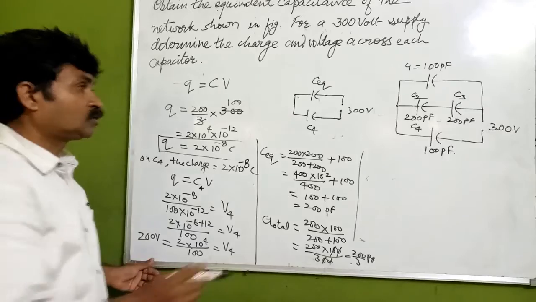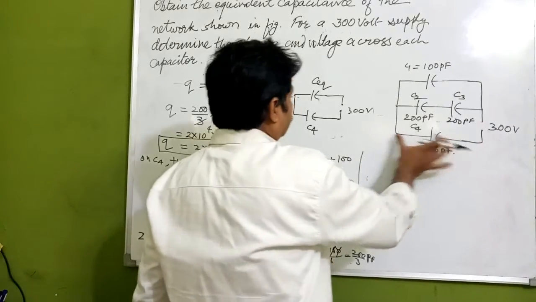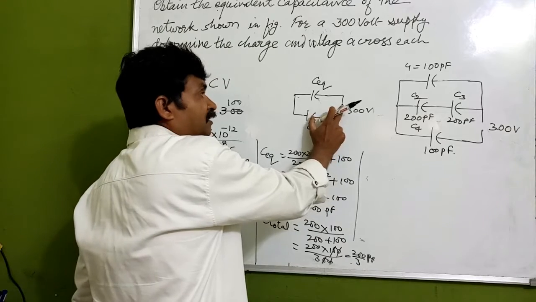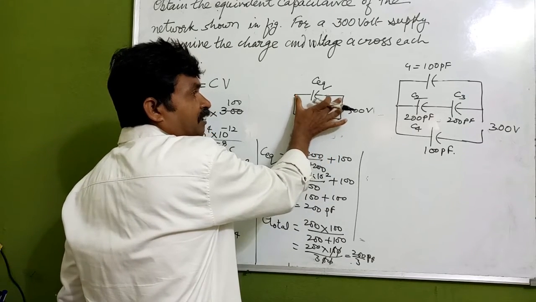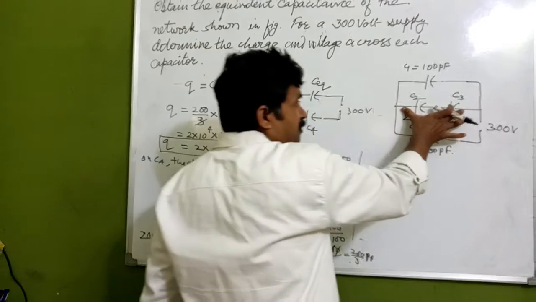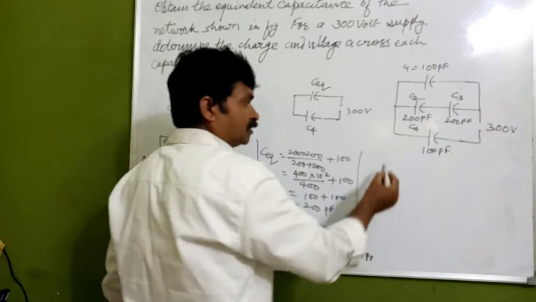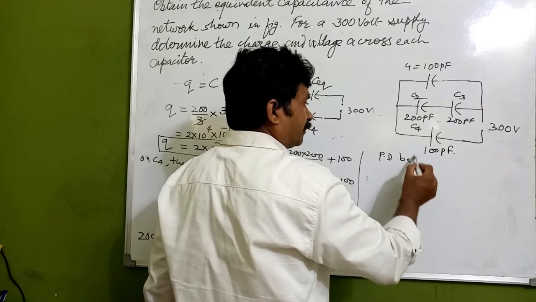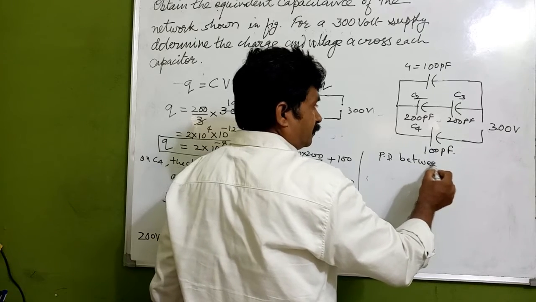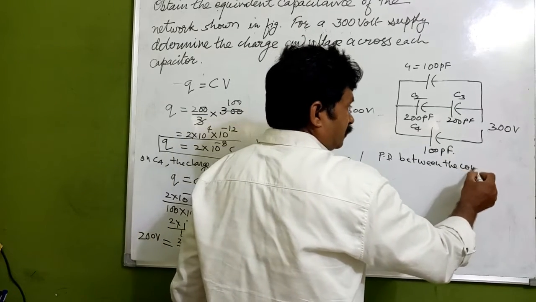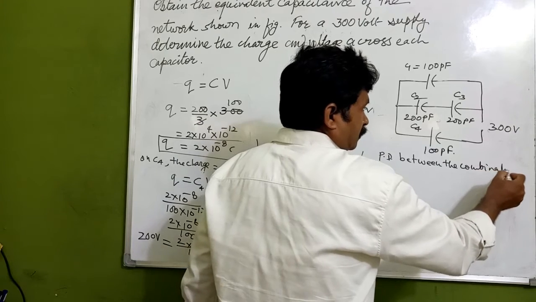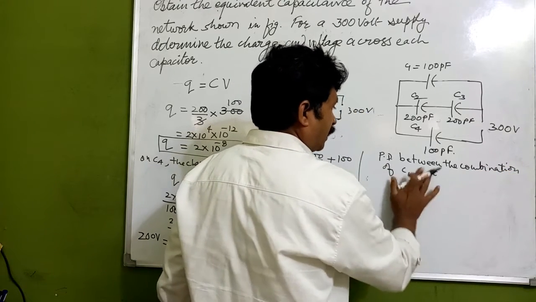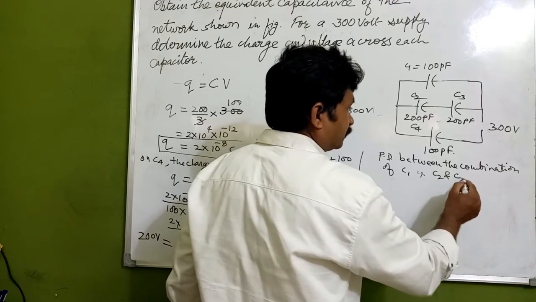So we have got the 200 volt potential here, and here it is 300. So there will be a potential difference across this combination of C1, C2 and C3.